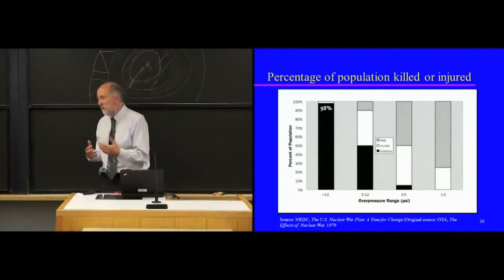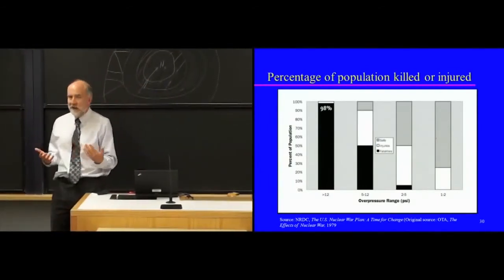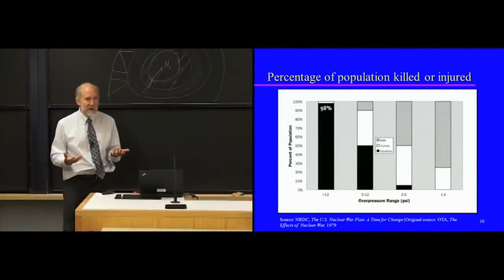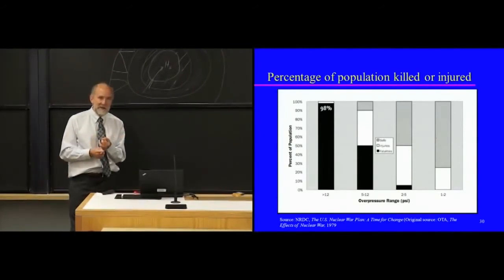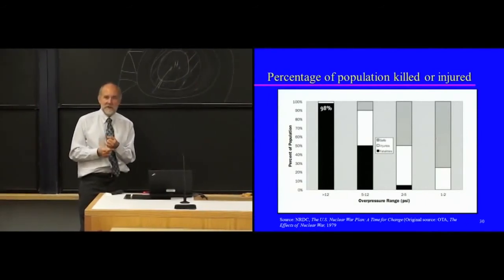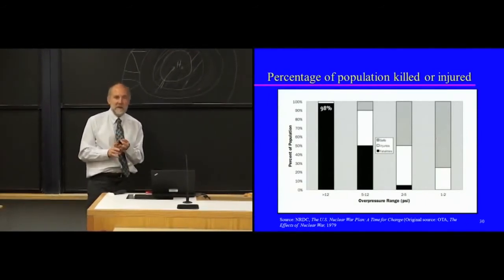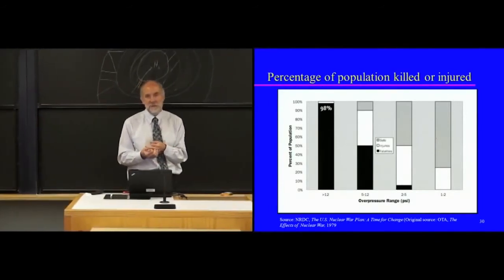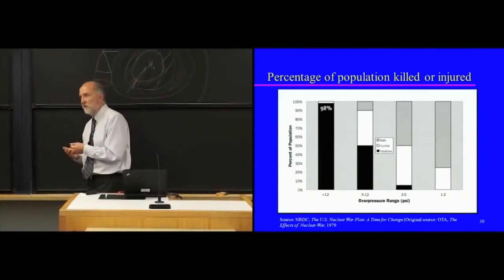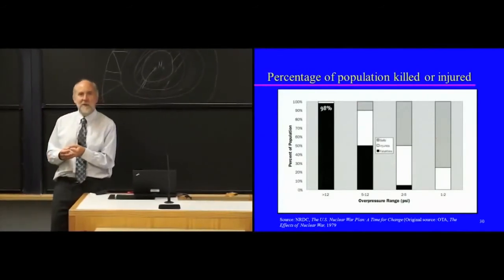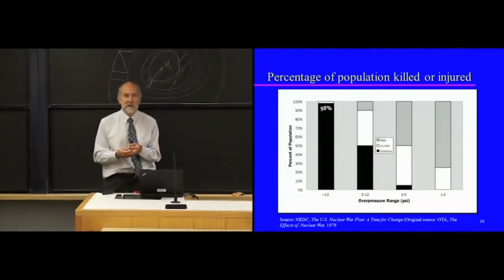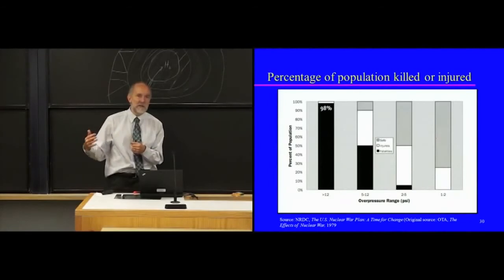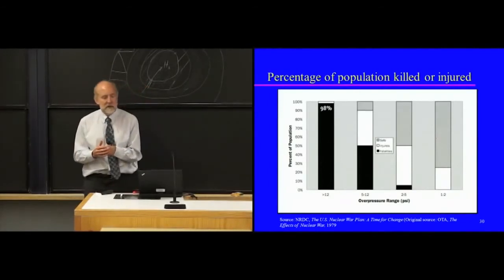So what kinds of injuries are we talking about? So first of all, from the blast, what usually happens is people being crushed, buildings falling down, etc. From the heat, we're talking about people being burned. From the prompt radiation, we're talking about radiation sickness that might take you a couple of weeks to kill you.